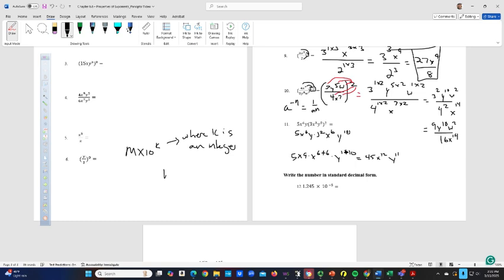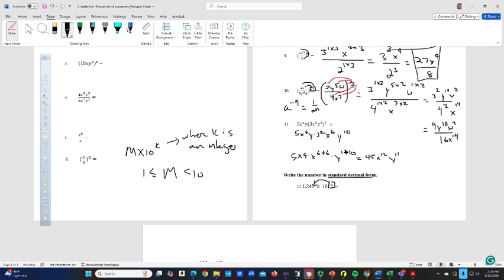And m must be bigger than or equal to 1, but less than 10. Sometimes this might be described using different variables. That doesn't matter. It's just making sure you understand it. Now, here's one thing you need to make sure you know: when you look at this integer, if it's negative, it's saying that this final solution, because they want us to go to standard decimal form, is going to be smaller than 1.